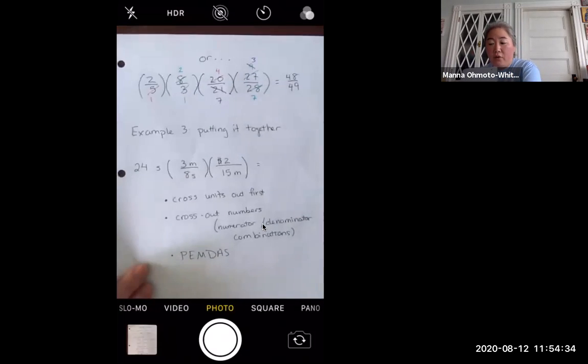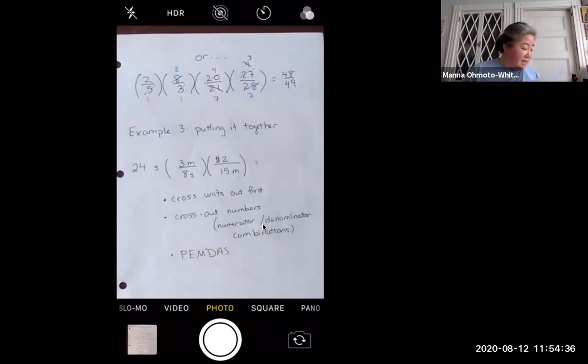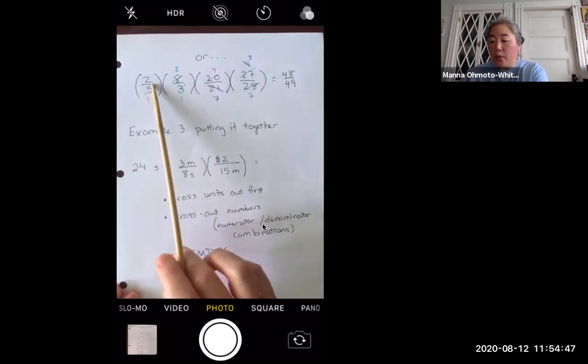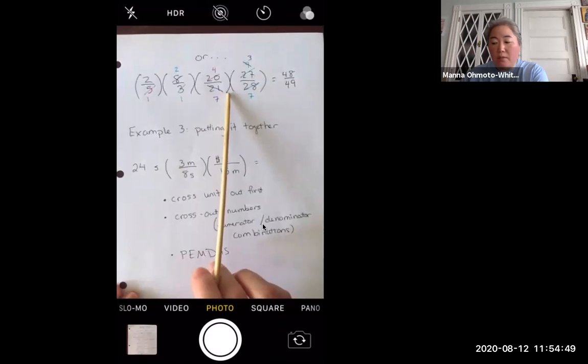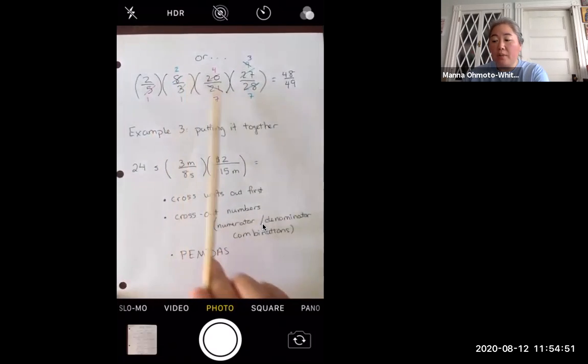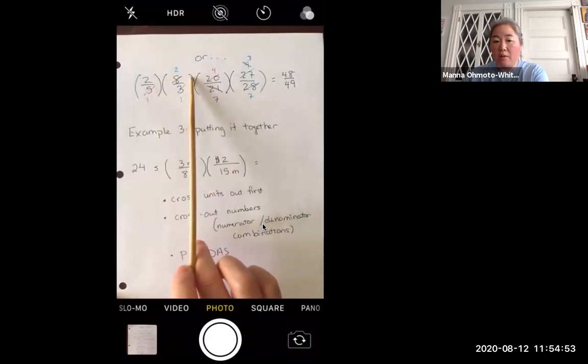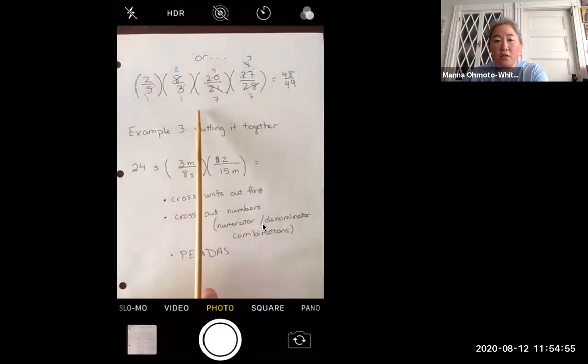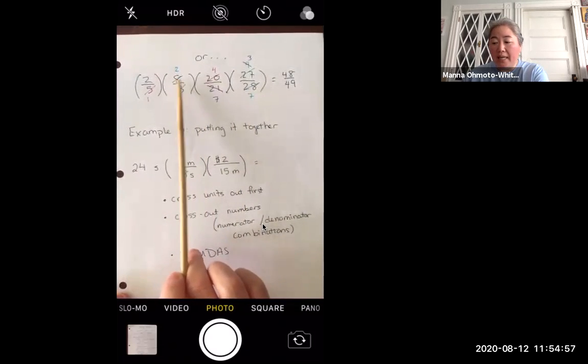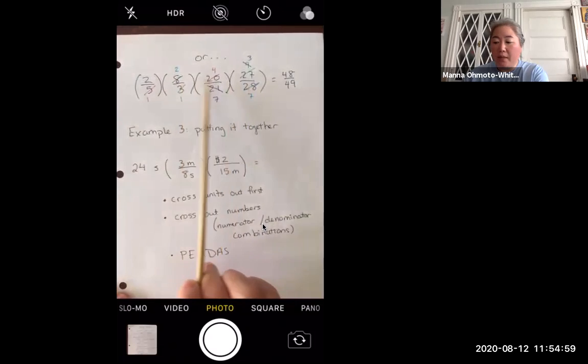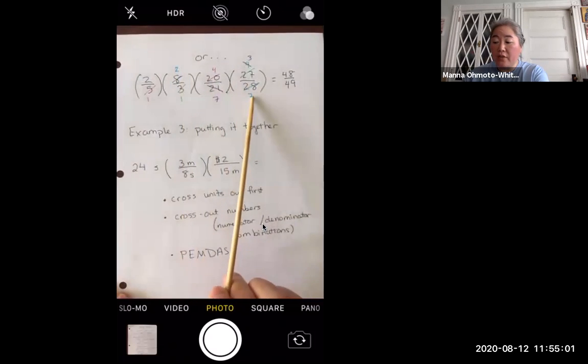Or, rather than rearranging them, recognizing that anytime you have any numerator or denominator combinations, whether they're far apart or close to each other, they can be canceled out. So I've kept the numbers as they were, but I'm looking for numerator-denominator combinations, so things that are in the top and the bottom that I can cross out. For example, my 8 and my 28, I can reduce to 2 over 7.